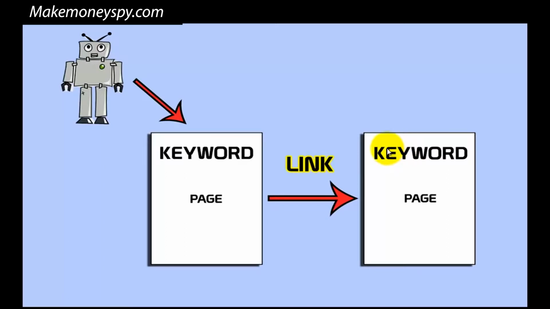So let's imagine that this is one of your website pages. A crawler goes to one of your website pages and sees the keywords that you have inside of that page, and as I said, a keyword is nothing more than a search term.